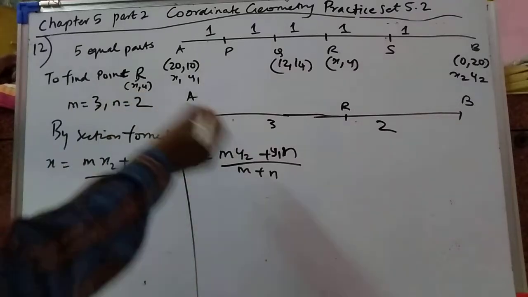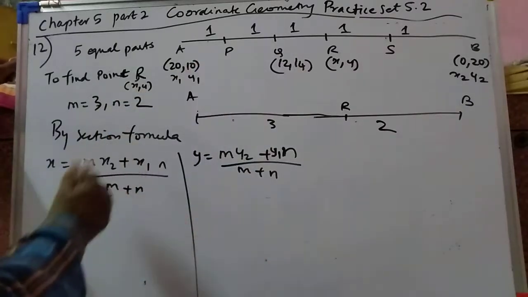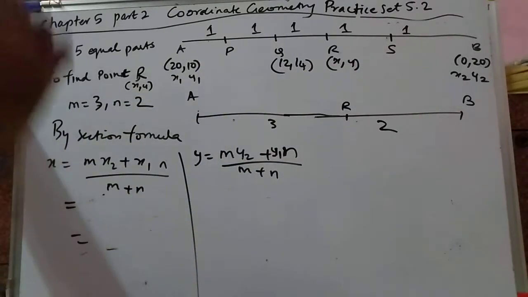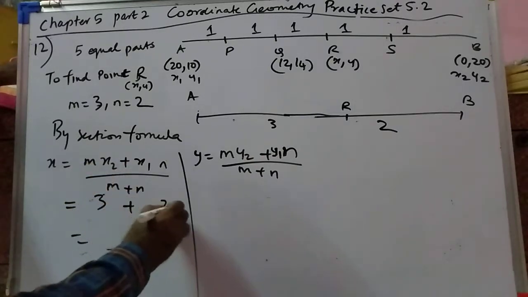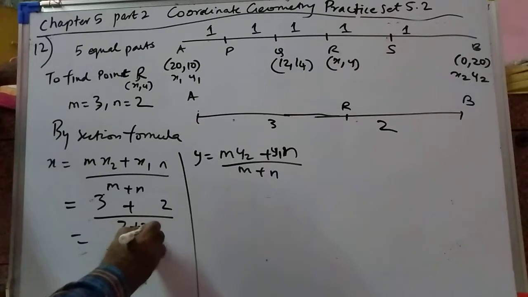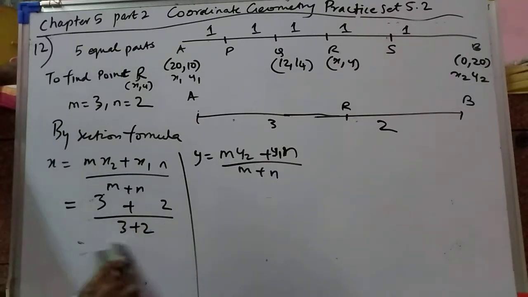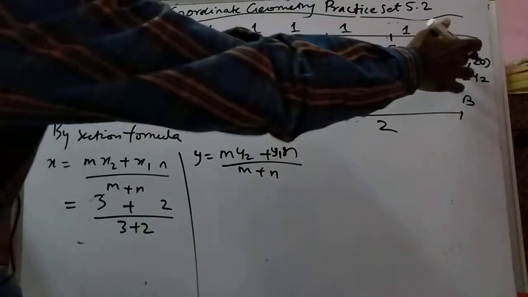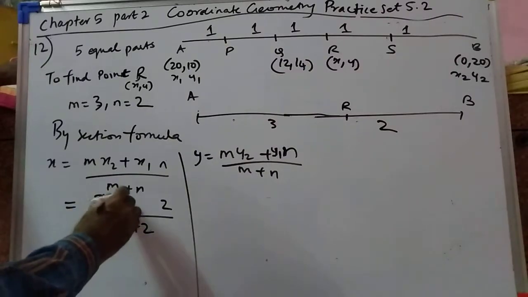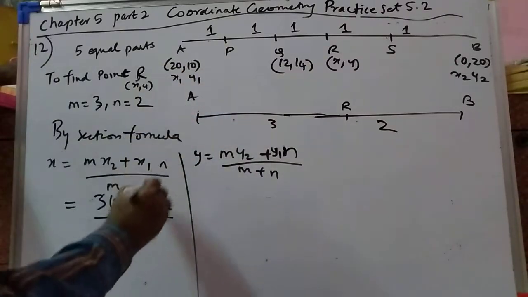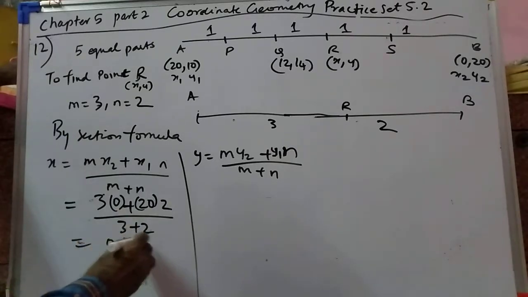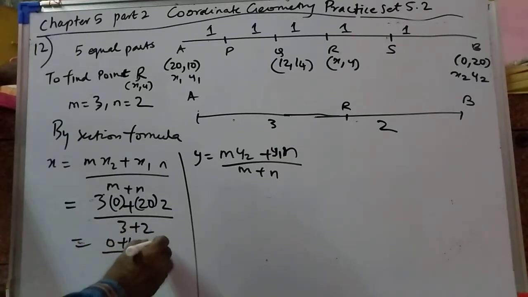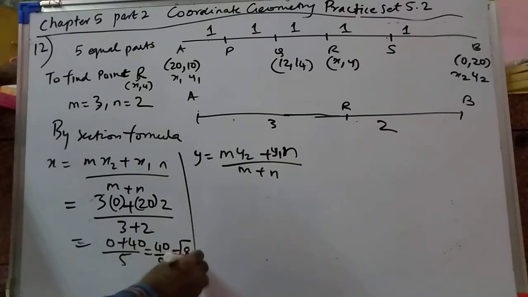Now you have to just apply it. So write that value. m is 3, n is 2, upon 3 plus 2. But we have x2 is 0, x1 is 20. 0 plus 40 upon 5, that is equal to 40 upon 5, that is equal to 8.